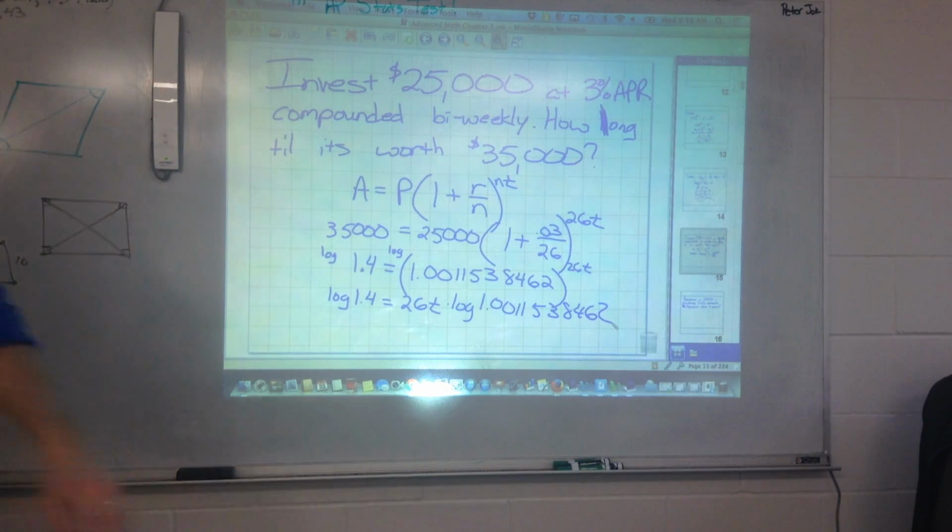And at this point, what would I do to both sides? I divide by the log of that decimal. And after I divide both sides by the log of that decimal, then what would you do?